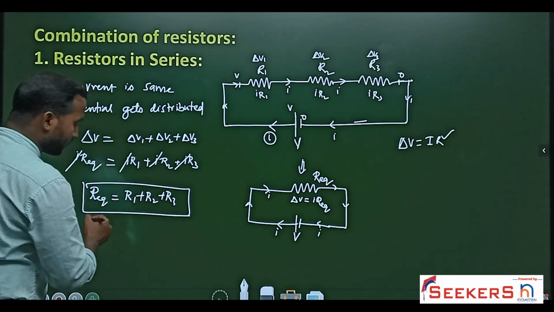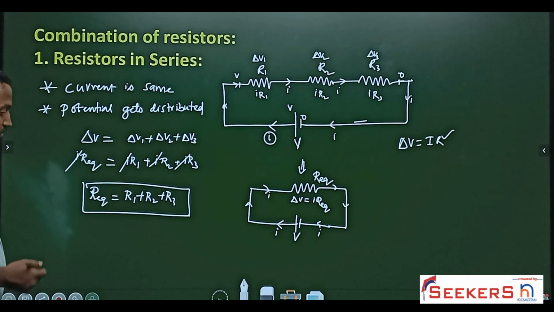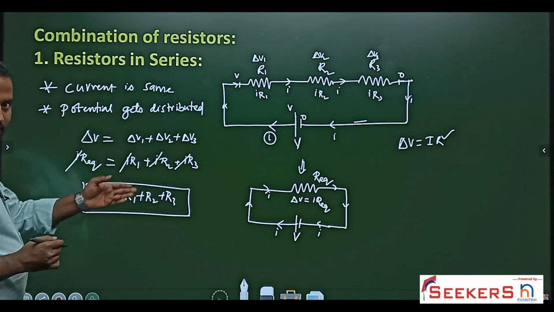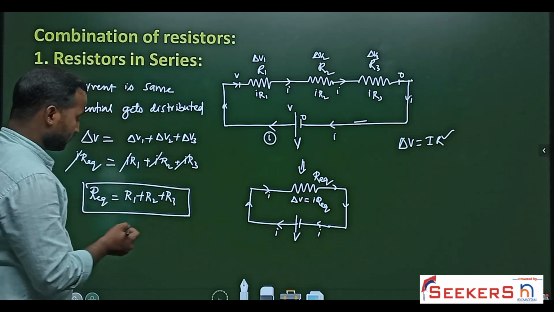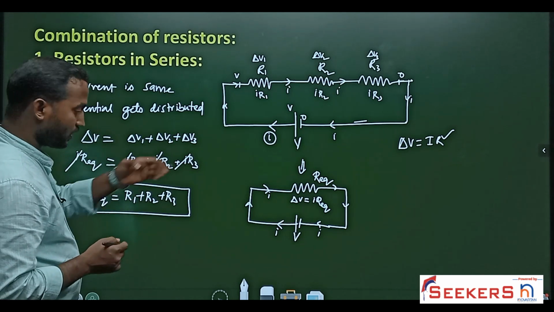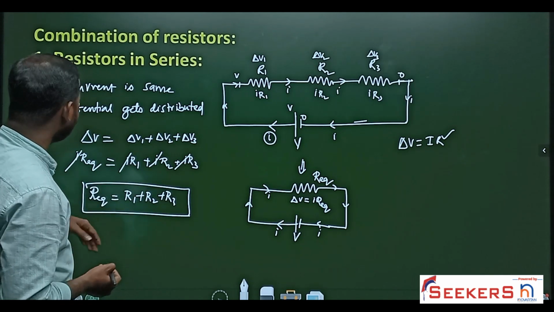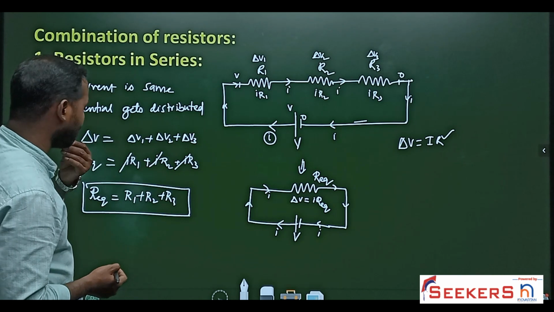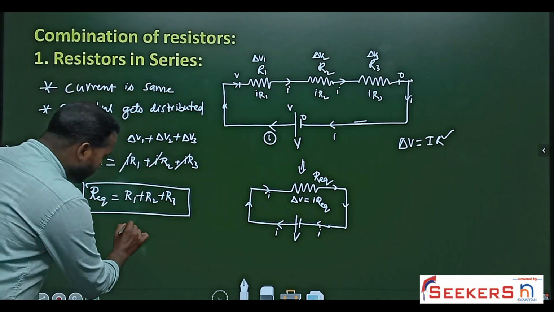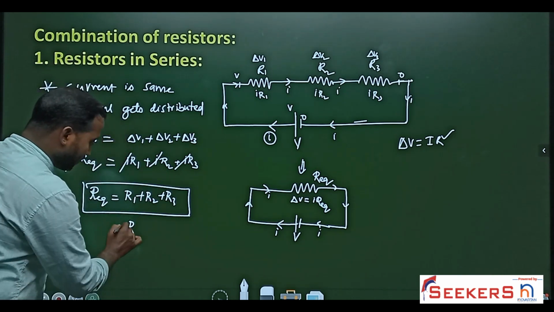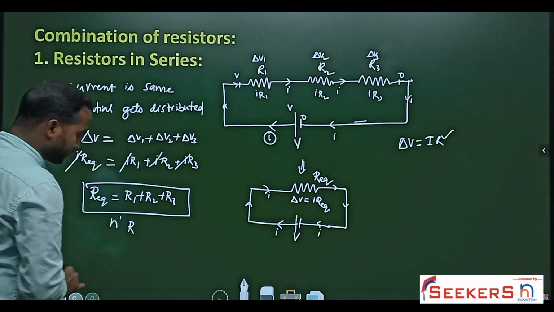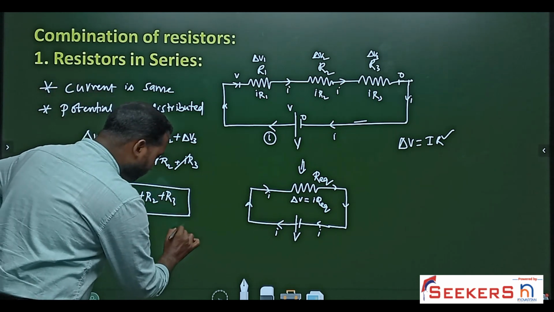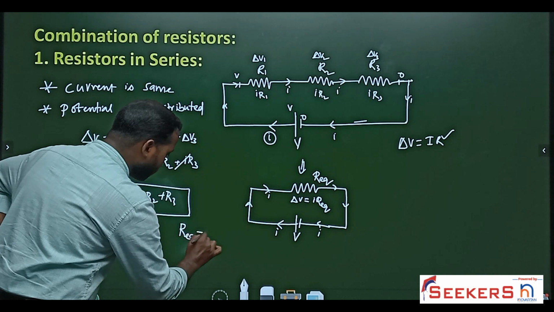If there are n resistors like this, then R1 plus R2 plus R3 and so on up to Rn will be the equivalent resistance for such a combination. If you are connecting n number of resistors, each having resistance R, then the equivalent resistance is going to be nR.